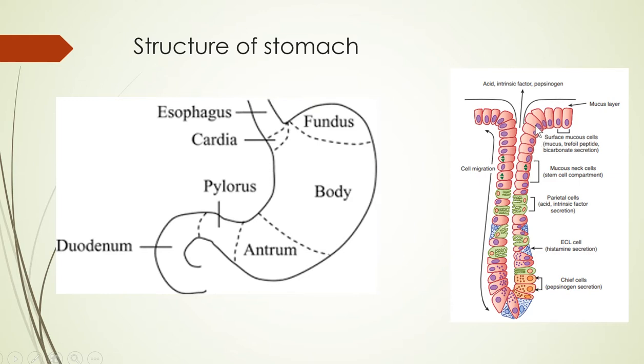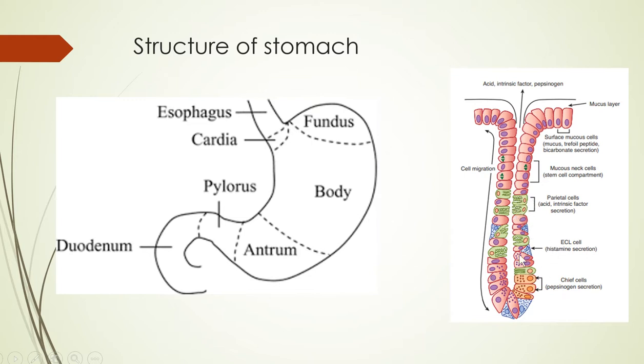If you go below, there are different cells having different functions. Apart from mucus cells, there are parietal cells shown in green color which are very important. They secrete HCl. If you talk about the stomach, gastric acid is the most important part we should know. So these are the parietal cells which secrete acid.